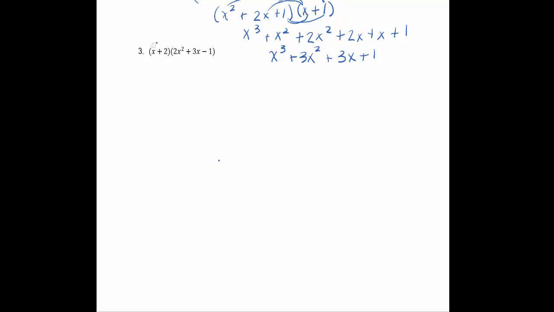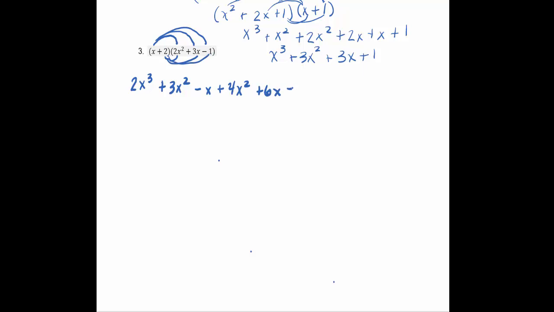Okay, we're going to distribute here. So you have x times 2x squared is 2x cubed. X times 3x is 3x squared. X times negative 1 is negative x. Now I'm going to multiply everything by 2. 2 times 2x squared is 4x squared. 2 times 3x is 6x.